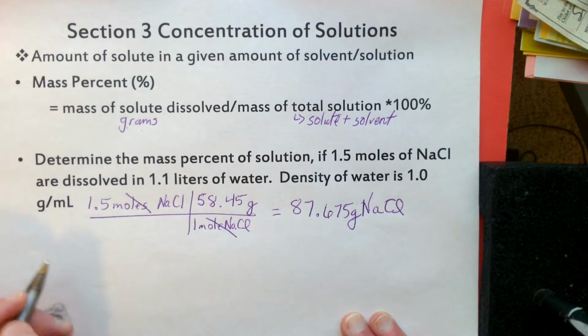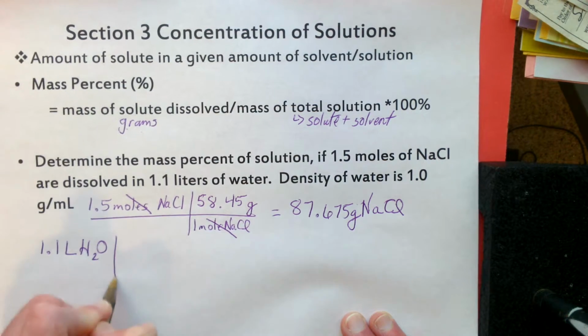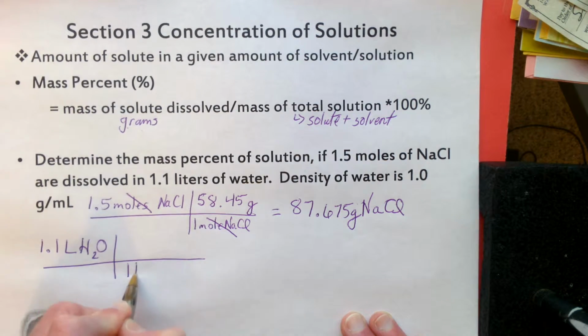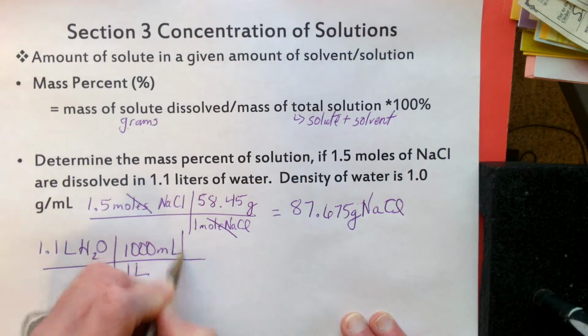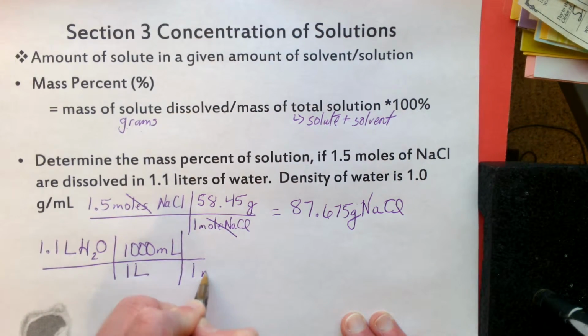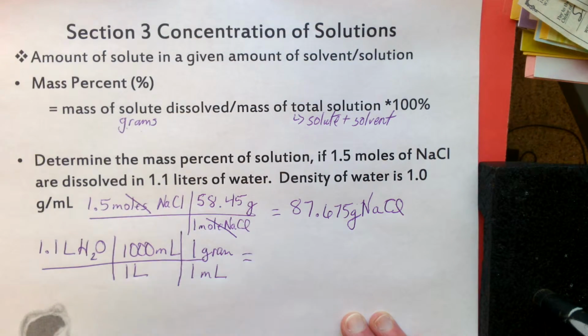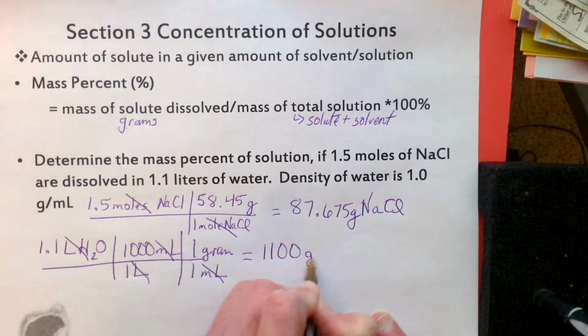Now let's take the 1.1 liters of water. The density was given because we need to change that to grams. We have 1 liter equal to 1,000 milliliters, and then we know that 1 milliliter is 1 gram. The milliliters cancel, so we have a total of 1,100 grams of water.